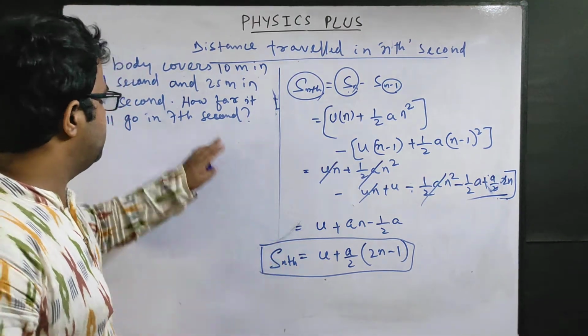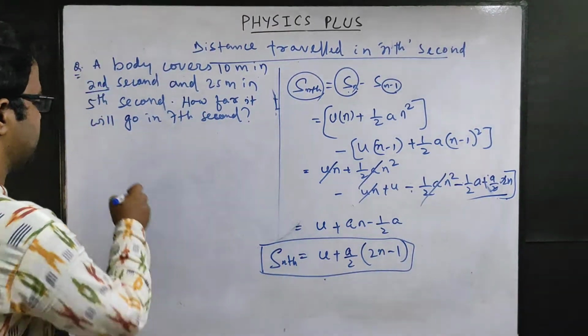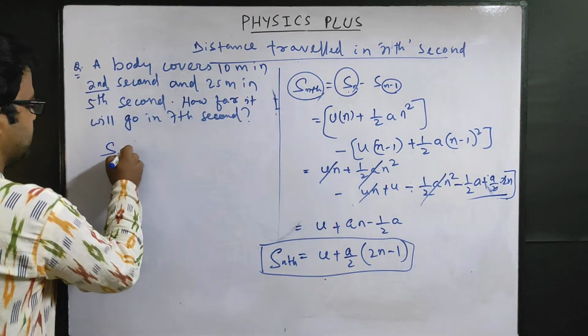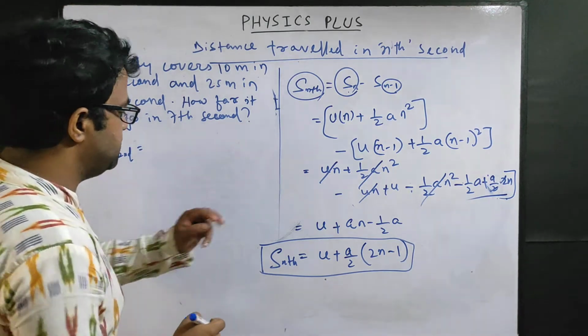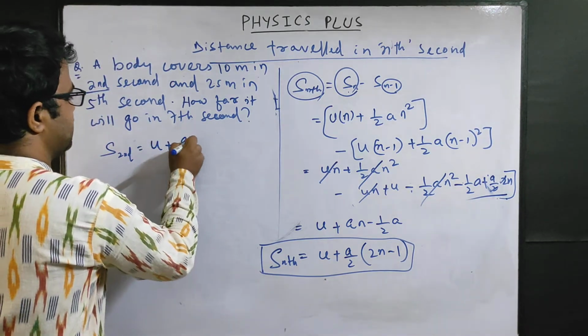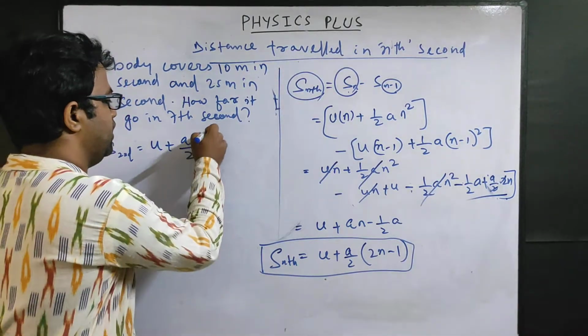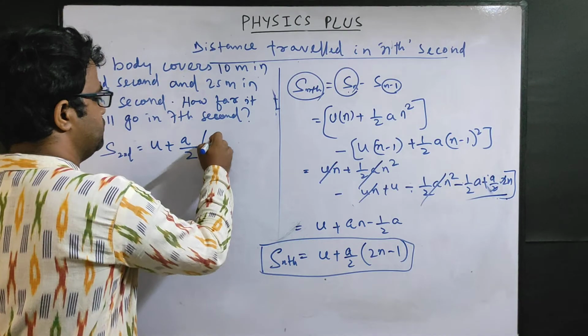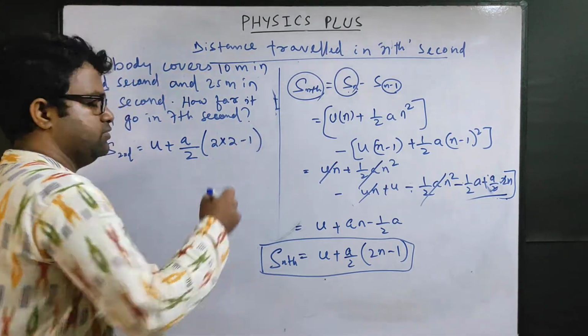Very easy. The object moves 10 meter in the first second. So what you will write? S first second is initial speed, let's say u, plus acceleration we do not know, uniformly accelerated, a by 2, and your time 2n minus 1, 2 into n, here n is 1, so 2 minus 1.